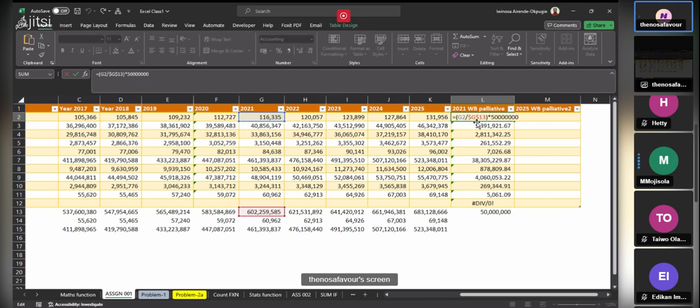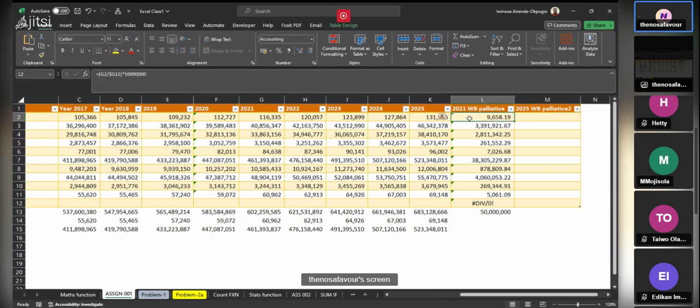What we want to lock now is G13. Here it is already locked. But if I delete the dollar sign, on your keypad, you know the function keys now, F1 to F12. You can also manually put the dollar signs here in front of either of them.